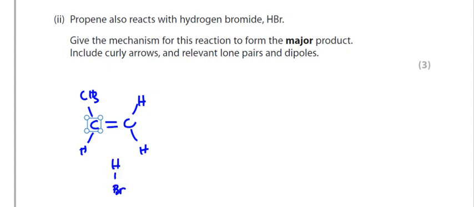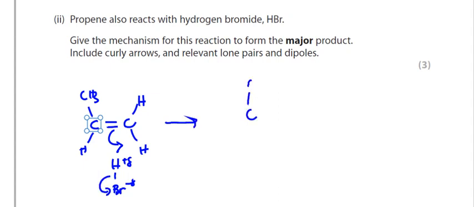Markovnikov law states that when a hydrogen halide attacks an asymmetrical alkene, the hydrogen of the hydrogen halide attacks the carbon which already has a higher number of hydrogens. So this carbon has 2 hydrogens and this carbon has only 1 hydrogen. The pi bond will be broken, with the hydrogen going to this carbon, and there's heterolytic fission over here.